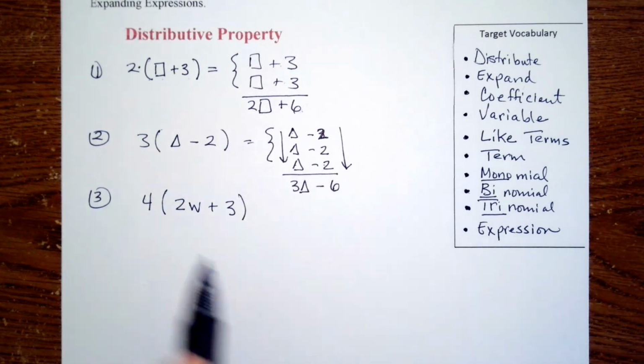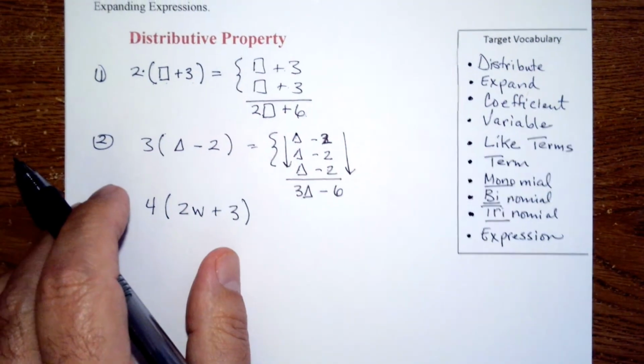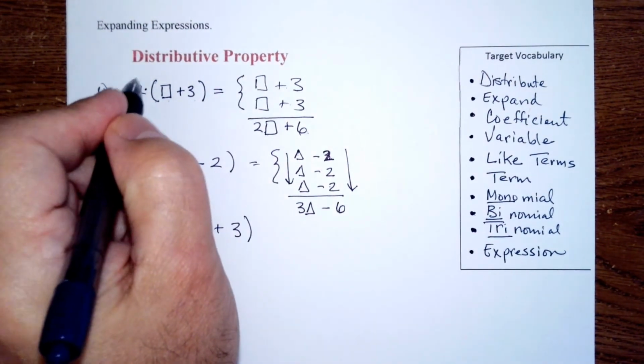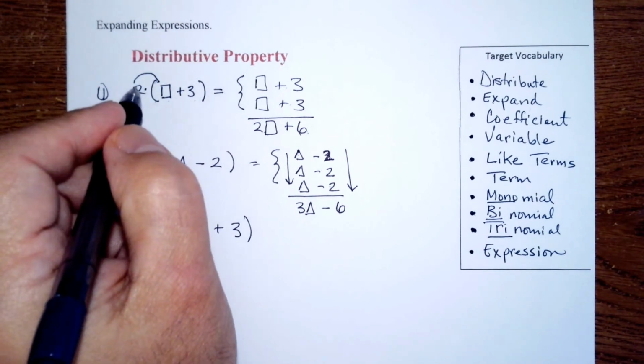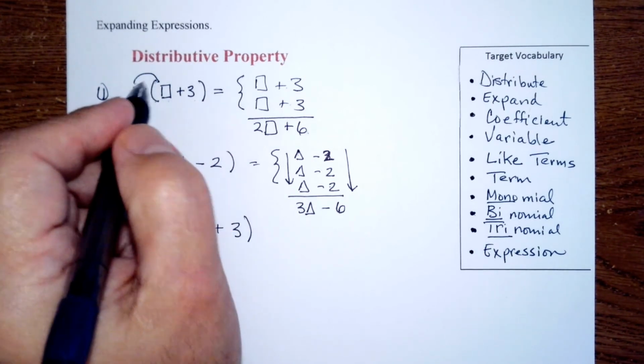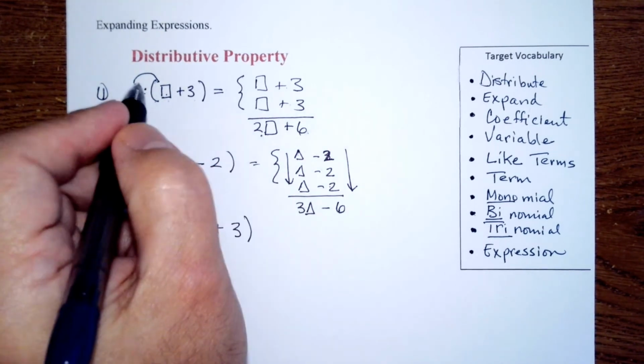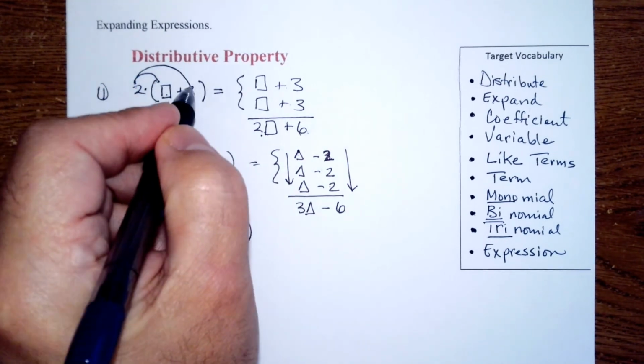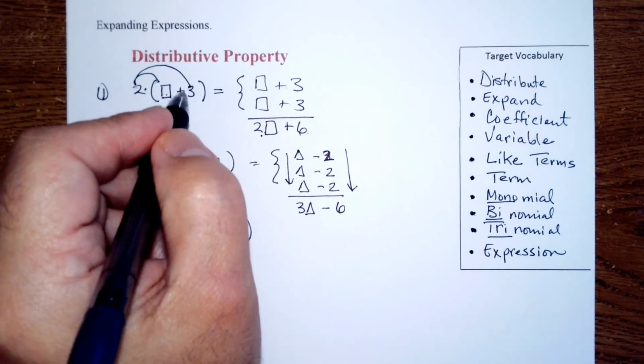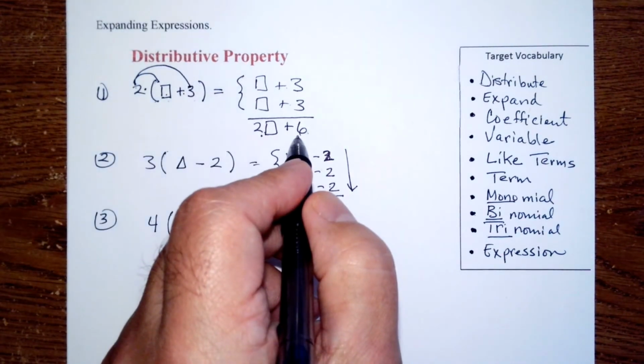I want you to notice something. Let's go back to number 1. If I multiply 2 boxes, 2 of these gives me, if I multiply 2 times 3, 2 of these gives me 6.